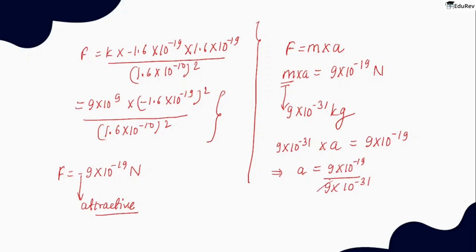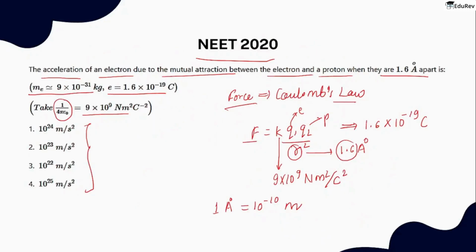On solving, we get acceleration equal to 10 to the power 22 meter per second squared. Therefore, the acceleration of an electron due to mutual attraction between electron and proton is 10 to the power 22 meter per second squared. Hence, third option is correct.